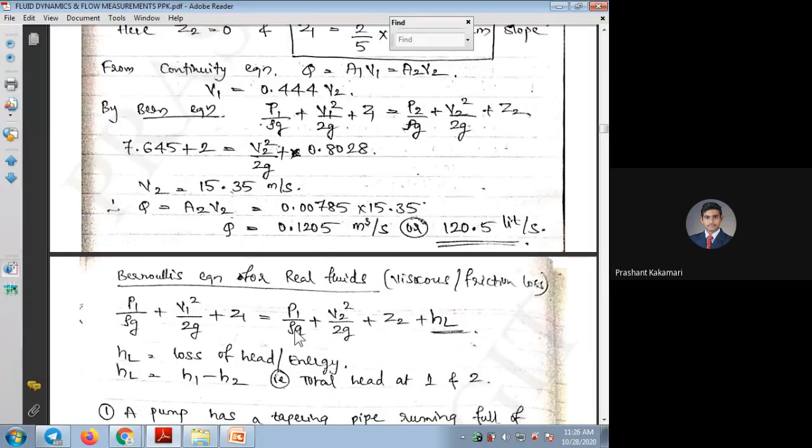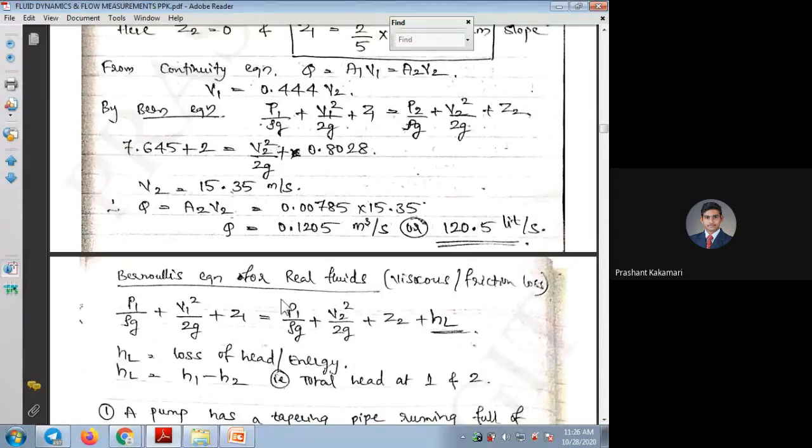You can note down this equation: P1 by rho g plus V1 square by 2g plus Z1 at the entry side, and on the outlet side these losses should be added, because once the fluid starts entering, at that point we don't have any viscosity or friction losses of the pipe. But when it is leaving the pipe, at section 2, this should be P2 by rho g plus V2 square by 2g plus Z2.